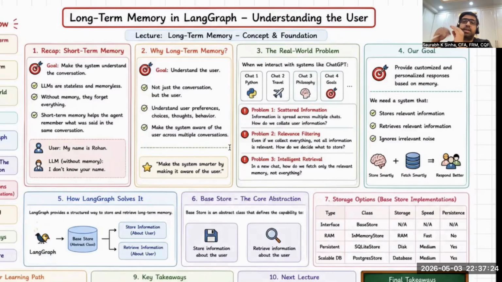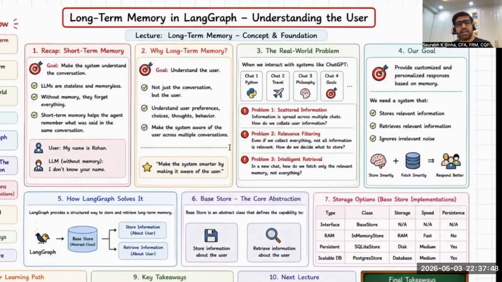Now, exactly the same pattern we are going to implement in long-term memory. First, we'll implement the long-term memory with RAM for testing, and then we'll implement the long-term memory with durable persistence. So this is going to be the structure of the session.